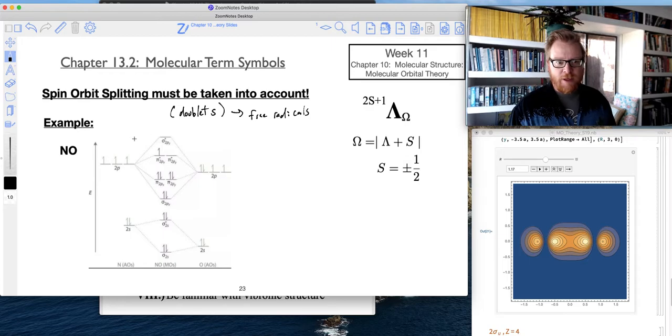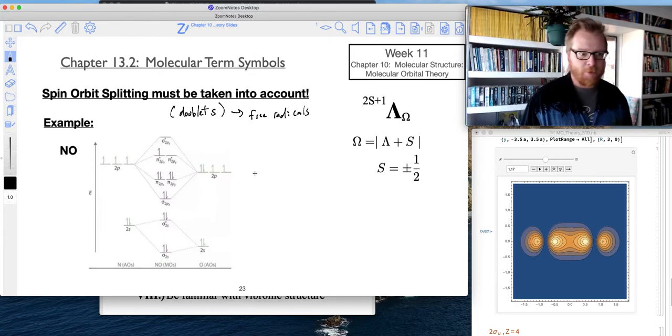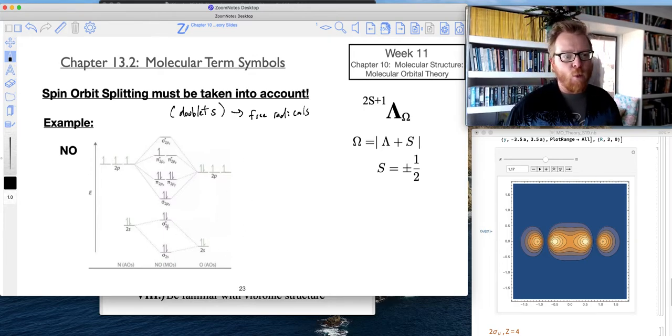Because remember, in this MO diagram, ionization is up here at the top. That's our reference frame. So here we've got the NO electron configuration, and we can see that it is a radical, right? NO has one unpaired electron.